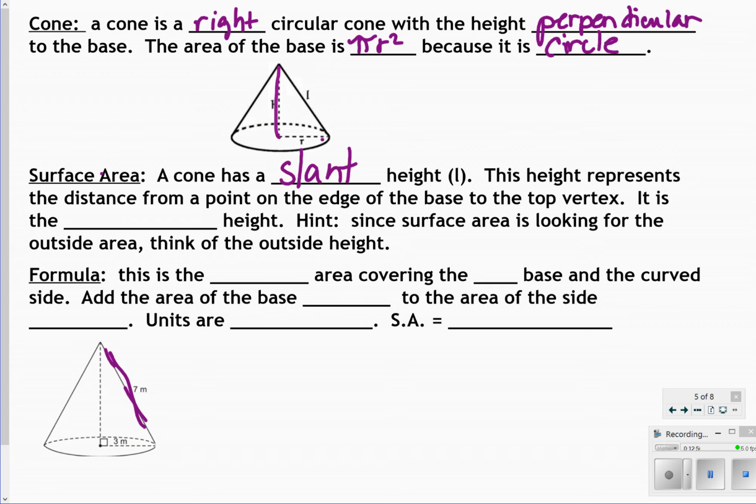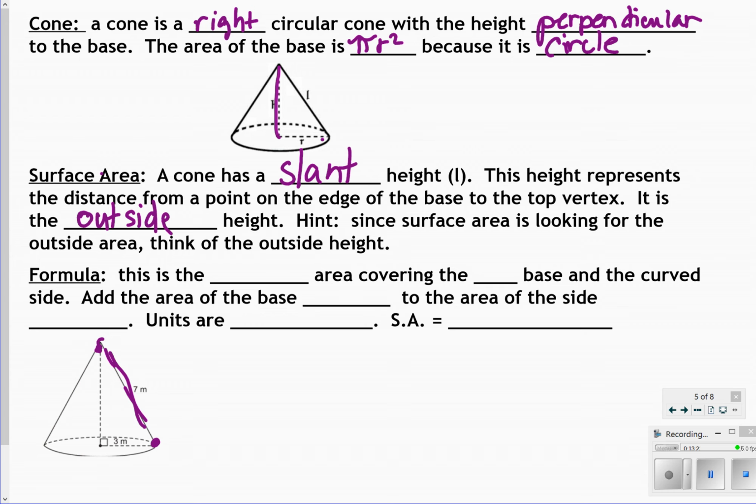The height represents the distance from a point on the edge of the base, so this point down here, up to the vertex. So again, this is our outside height because it's our outside area. Since surface area is the outside, we're looking for outside height.